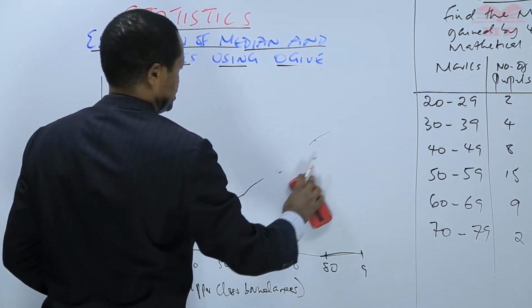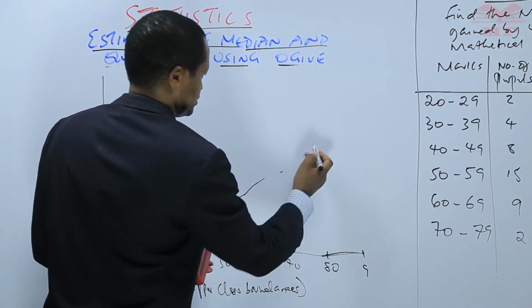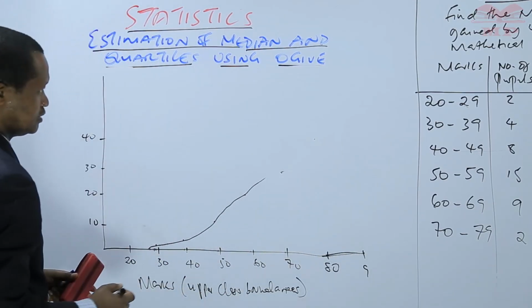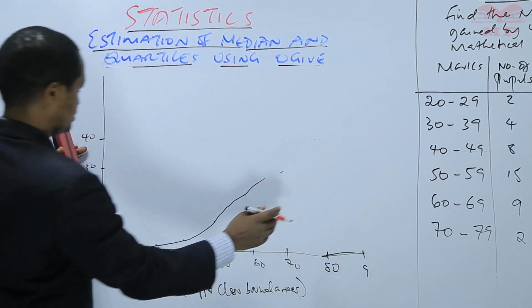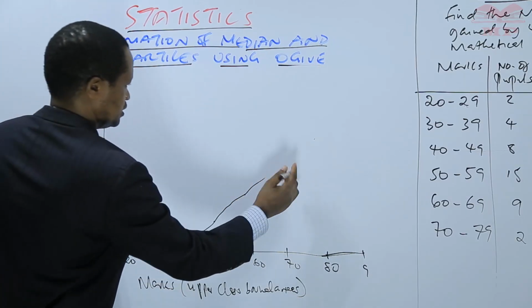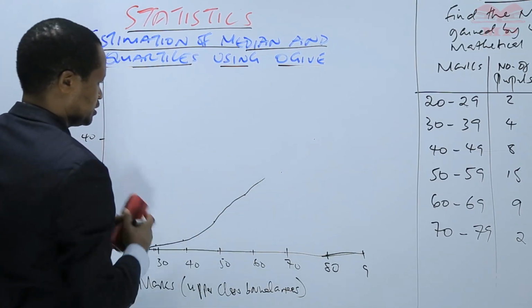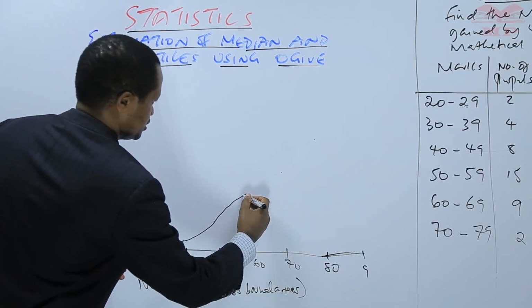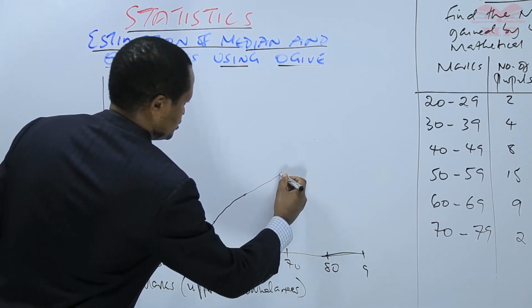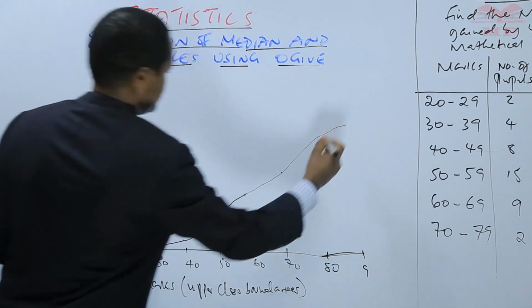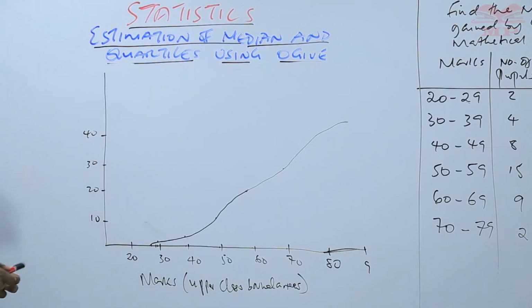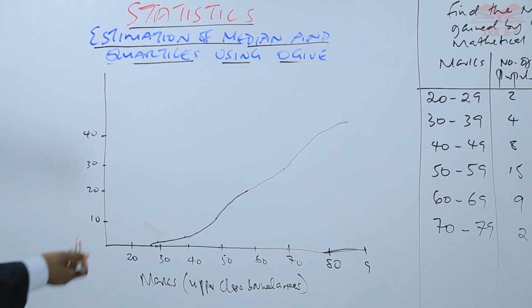Slightly. Okay, that's 40 and 49. It is supposed to be a smooth curve.